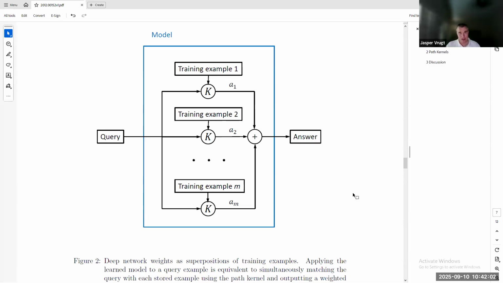Going back to that example I gave with temperature, when you predict, you just take the nearby samples, and that's essentially how it works. So if we can figure out what that function is, that kernel, and how it behaves with other variables in a multidimensional space, then we have a much better understanding of what's going on, right? That's the general idea: with deep learning, essentially the answer is just a weighted combination of all your training samples.